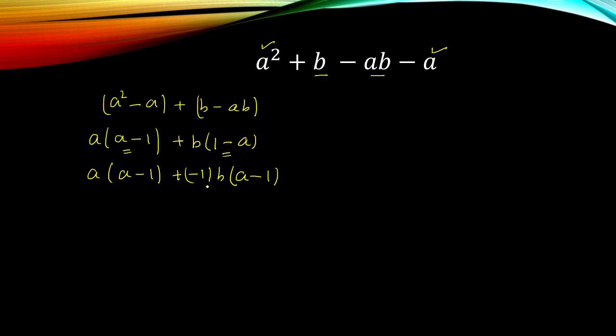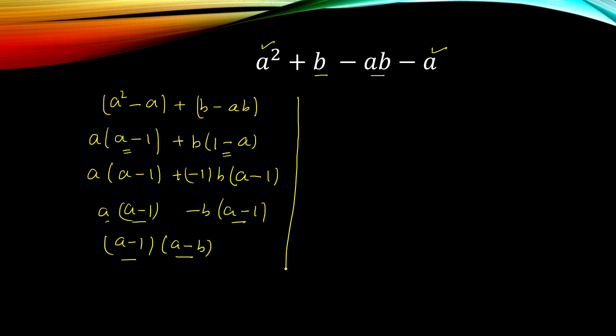So we get minus 1 into b, that is minus b, and the factors are a minus 1. So we take common a minus 1, and now the remaining terms are a and minus b, so collecting together a minus b, this is the second factor.